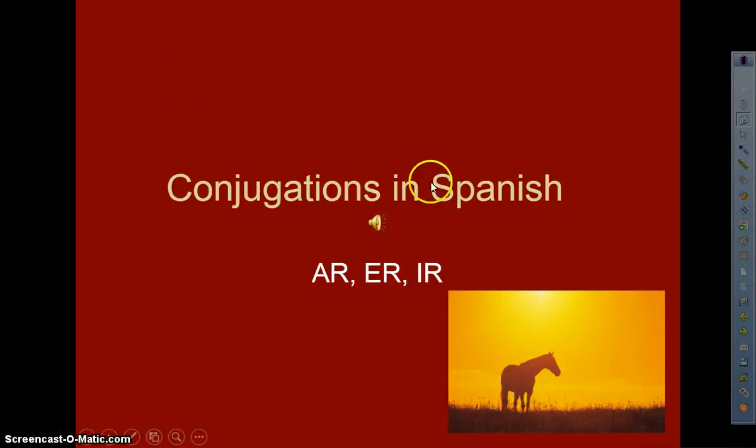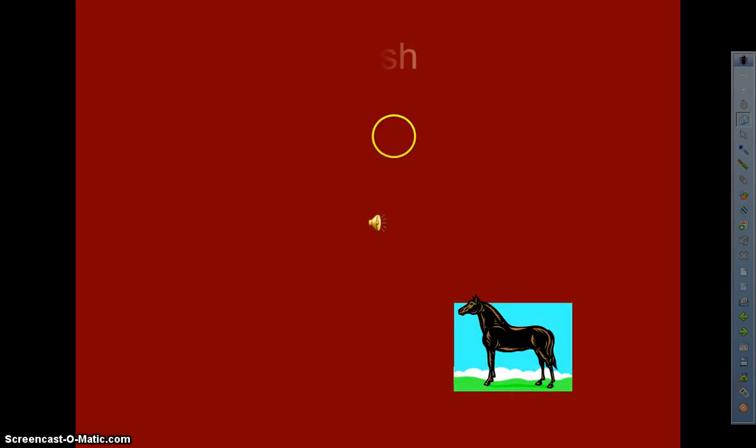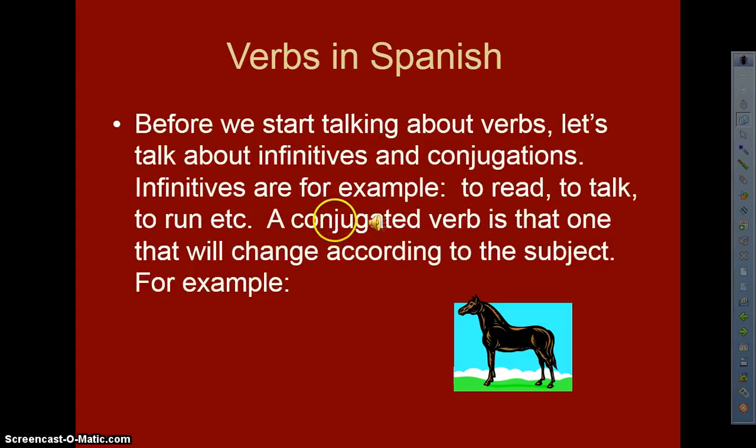Okay. So there are your conjugations in Spanish. Once again, the verbs are going to end in AR, ER, and IR. So the verbs in Spanish, basically, we talk about infinitives and conjugations.